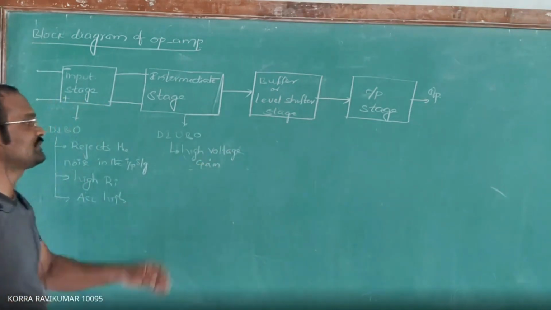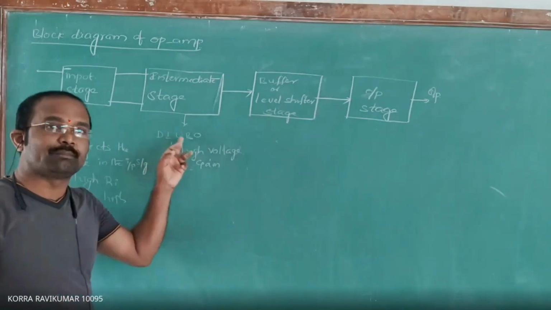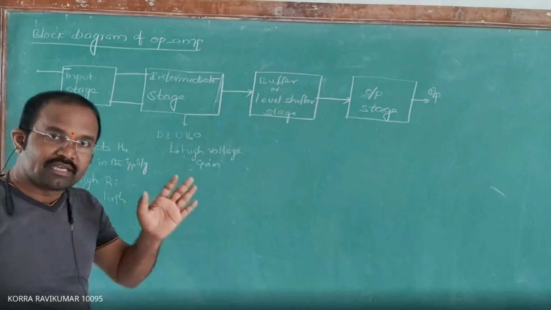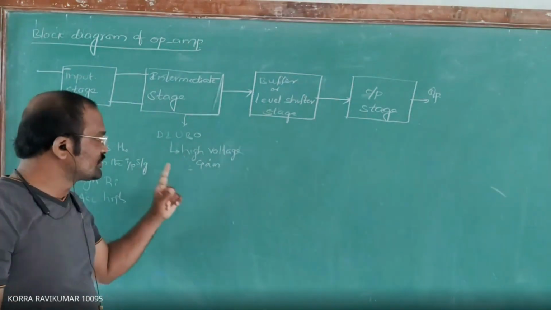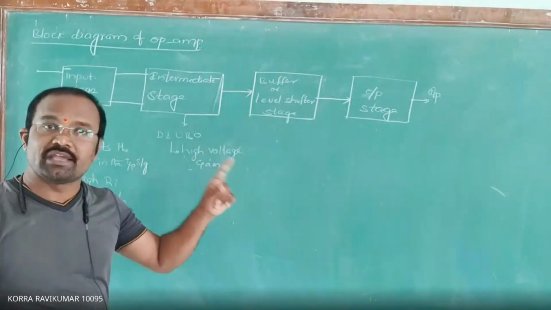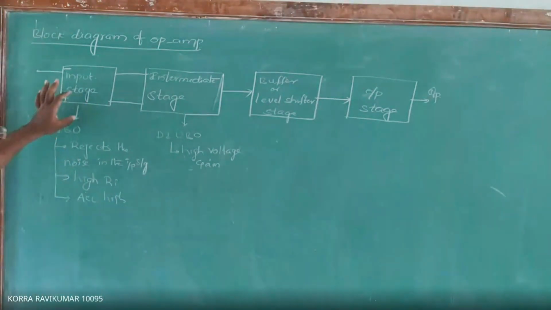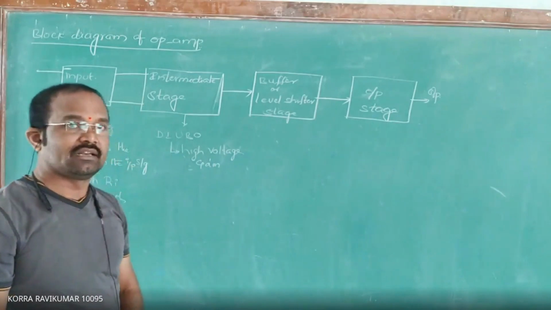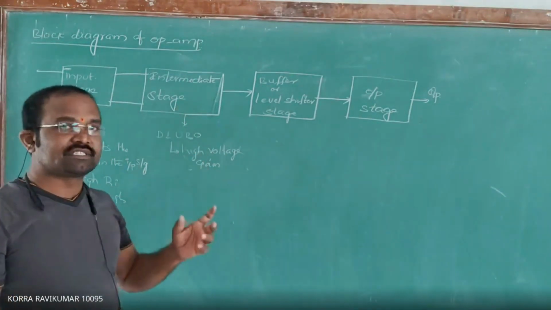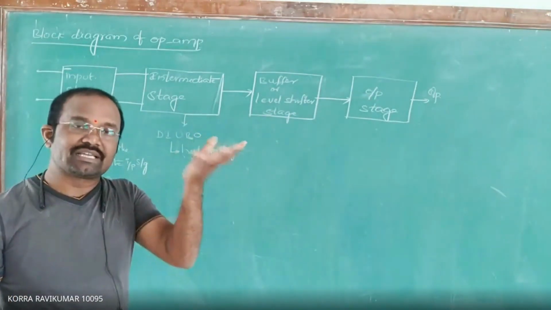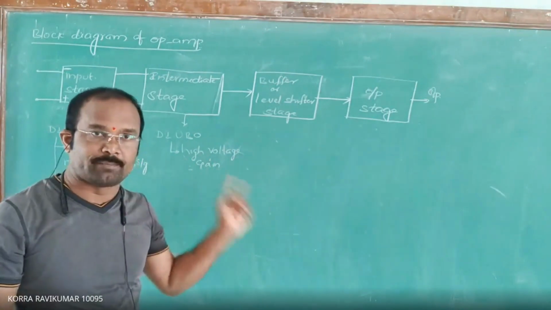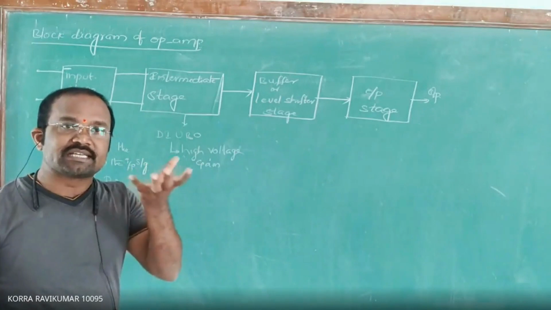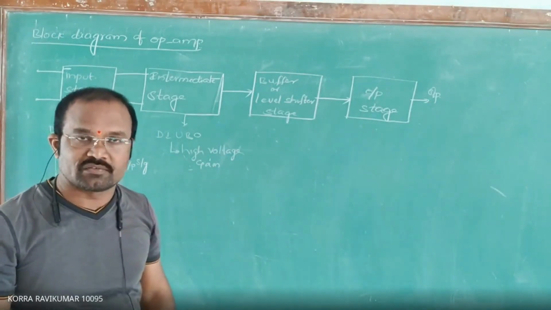The gain produced in the input stage is, say for example, X amount, then this intermediate stage is used to boost, meaning increase, the overall voltage gain of the op-amp.